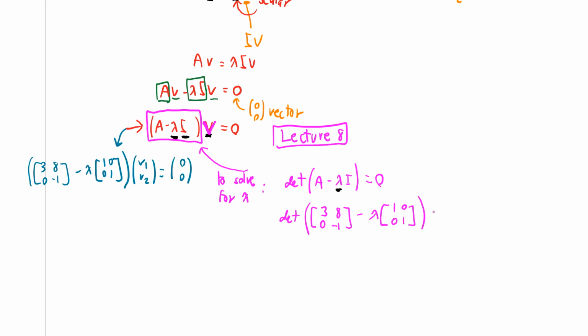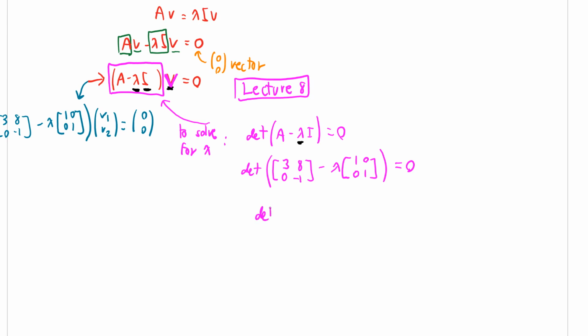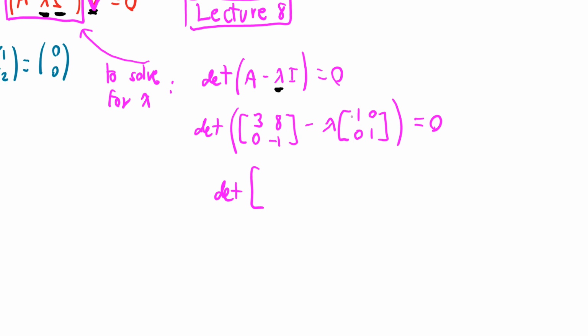I want the determinant of this to be equal to 0. So that means I want the determinant of, if I multiply the lambda inside the matrix, this is what I'm going to get.